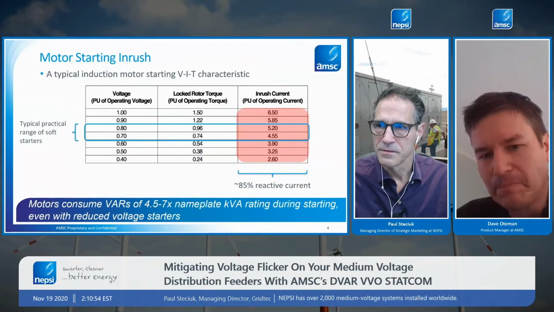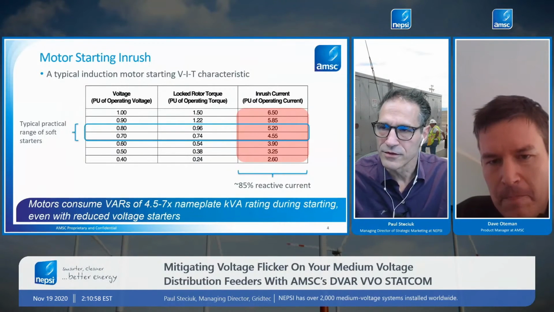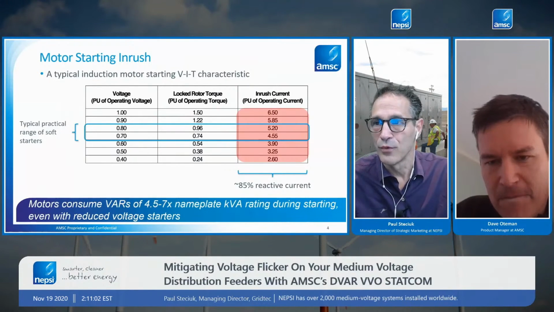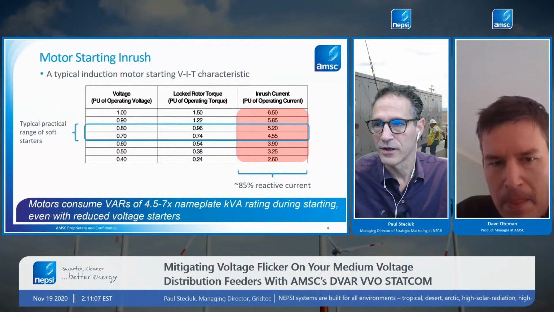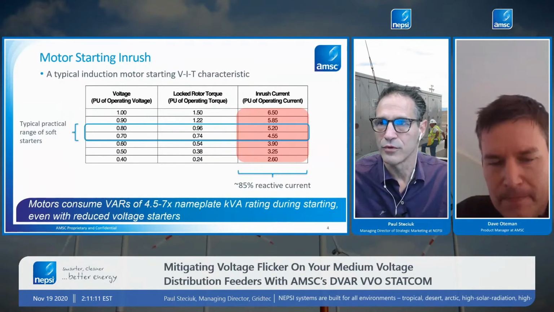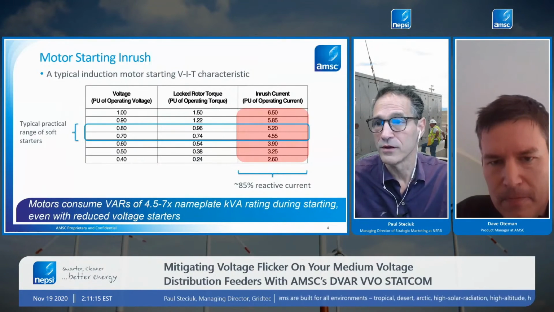If I look at the table, just to help the listeners peel back what you did here, at 0.9 per unit voltage, 0.9 times 0.9 is the voltage squared, so that's 0.81. 0.81 times 1.5, which is the starting torque at 1.0, becomes 1.22.